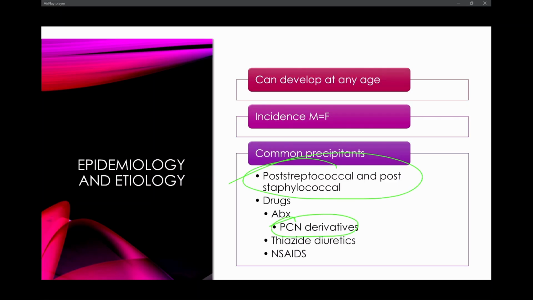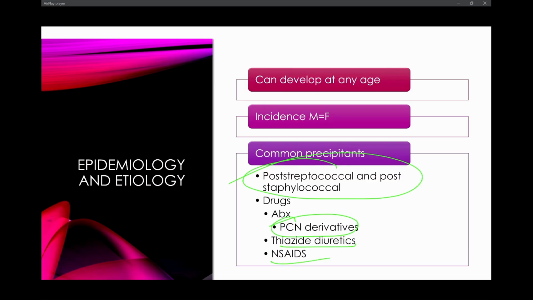So again, someone comes in, you gave them penicillin, they come back 2 weeks later, they got this rash over their legs, a palpable purpuric rash. It's probably due to the penicillin. Let's stop that drug. Reassure your patient that these spots will go away over time, but stop the medication. Thiazide diuretics will do it as well, and so can NSAIDs.